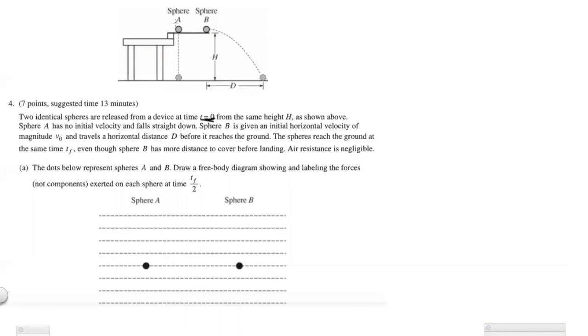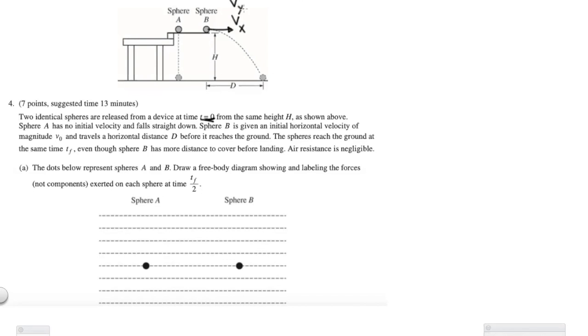Sphere A has no initial velocity at all. So sphere A just gets dropped from rest and it falls straight down, whereas sphere B is given an initial horizontal velocity. So sphere B is launched horizontally where we have an x velocity initial.